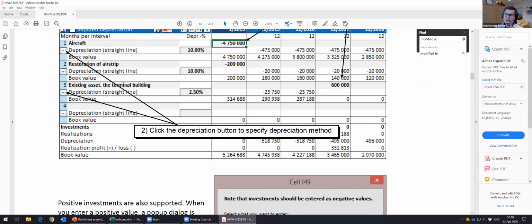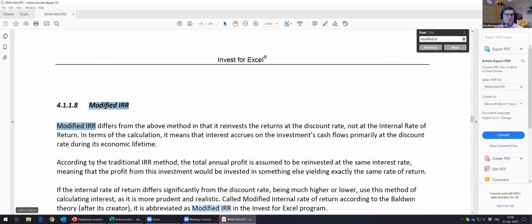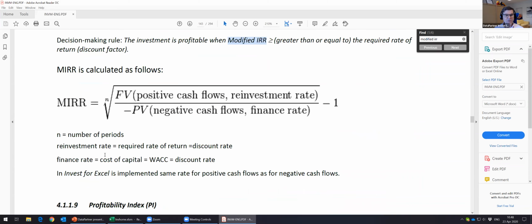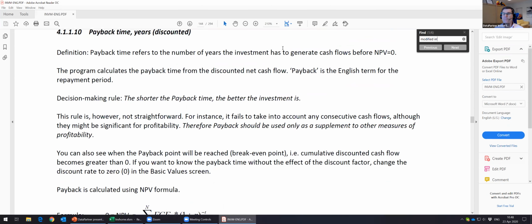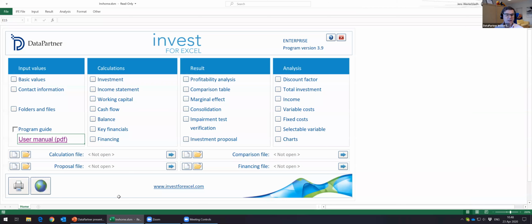Modified IRR is the example I usually show. So it found it, and here is the formula and description for these ratios also, what they are. Okay, I will close that one and go back.